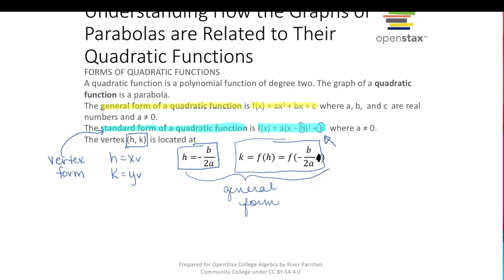So let's do an example of that. Okay, so let's say I have y equals 3x squared minus 12x plus 2. I'm sorry, you can barely see that, but that does say squared. This is general form, by the way.